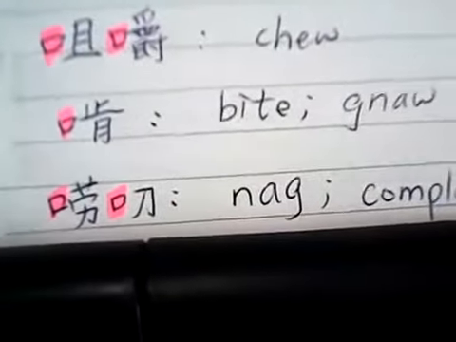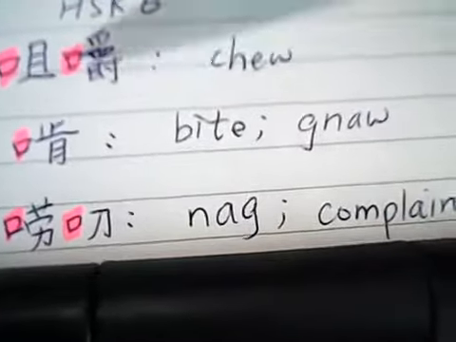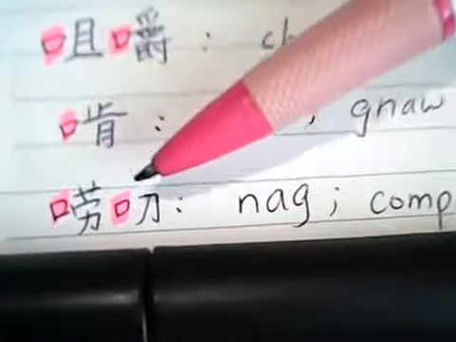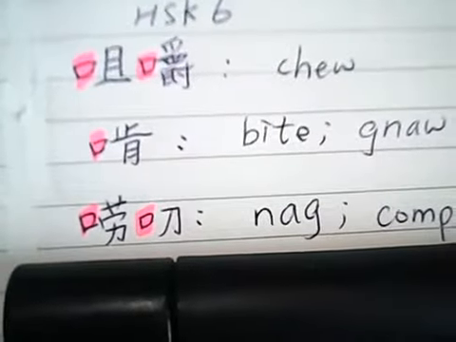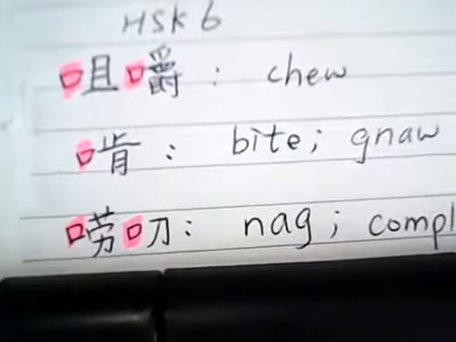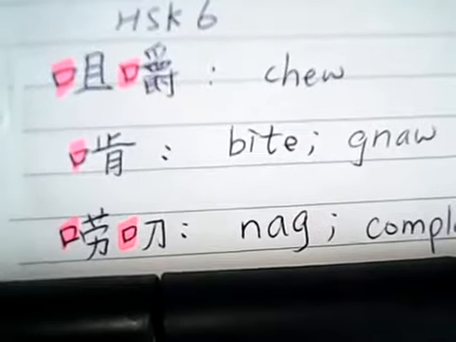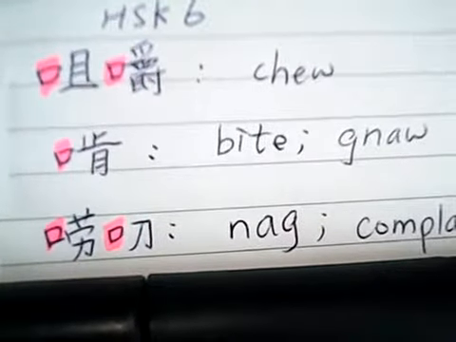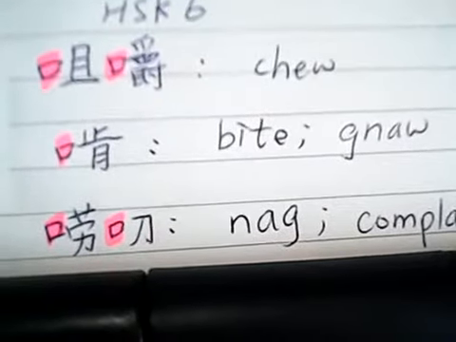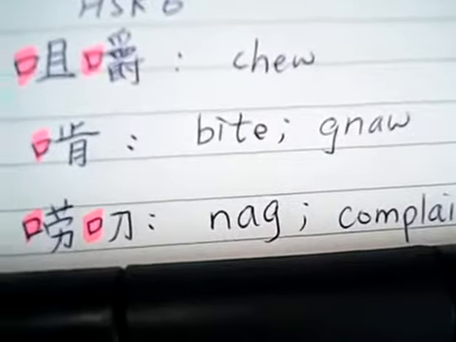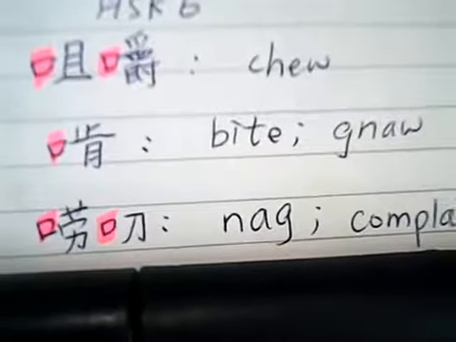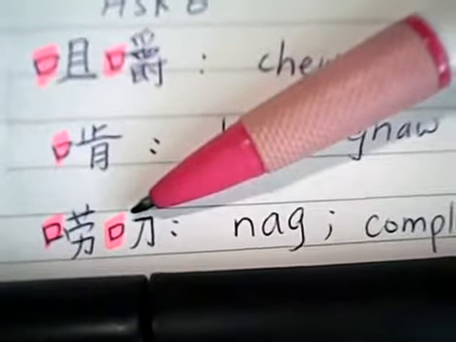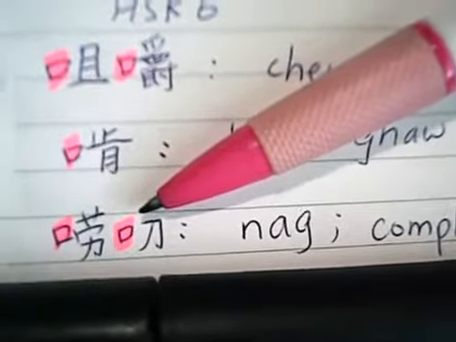And the last one, 唠叨. Even if you don't know this word, because this phrase is from HSK level 6, a very advanced term, you know this phrase must be related to your mouth because you recognize the radical here, right?